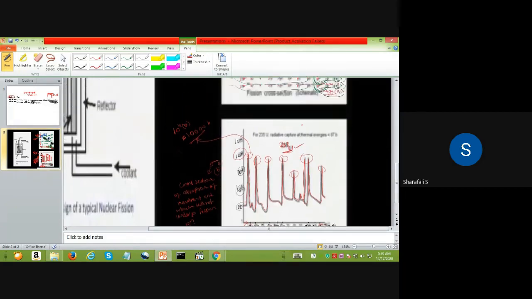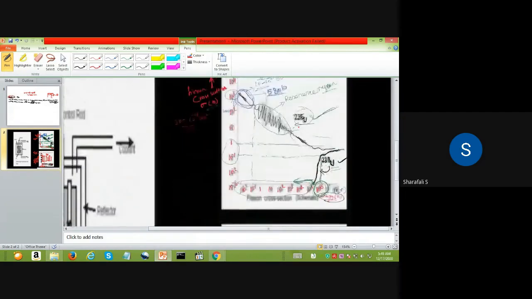You can see from here, in this range of energies, from 10 raised to minus 2 up to this 100, there is nothing for uranium 238. The uranium 238 fission cross section starts from here and goes like this.